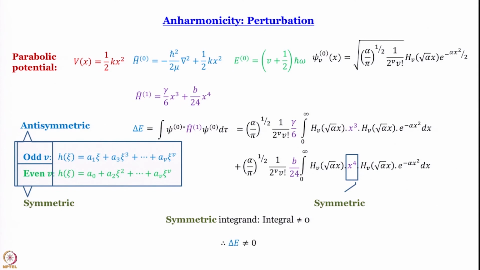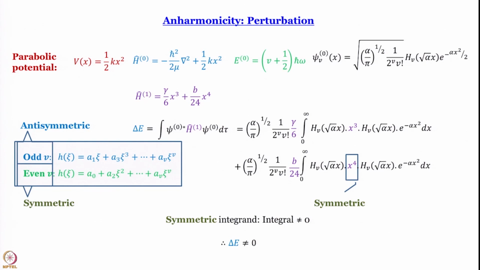Okay. What one needs to do after this is just take the expression for the Hermite polynomial for v equal to 0, 1, 2, 3, put them in and see what you get. You will get actual expressions for the correction to energy, and I hope you understand that whatever expression you get is going to depend upon the vibrational quantum number v.